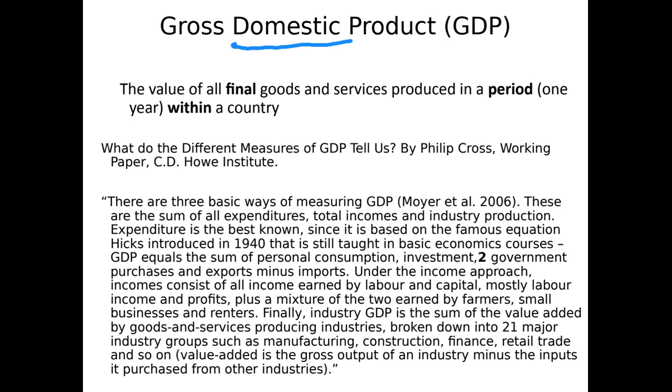There are three ways, but we will discuss only two. These are the sum of all expenditures, so either we add all expenditures, or we add all incomes, or we just use the value added of all industries.